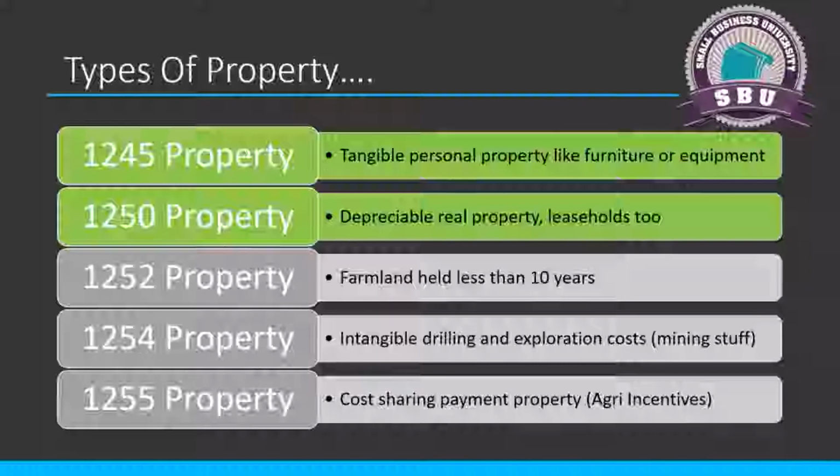Next is the 1250 property, and why we still allow real estate to be depreciated is beyond me. 1250 property is depreciable real property. It's real estate. And since we do allow depreciation, we have to treat it differently.